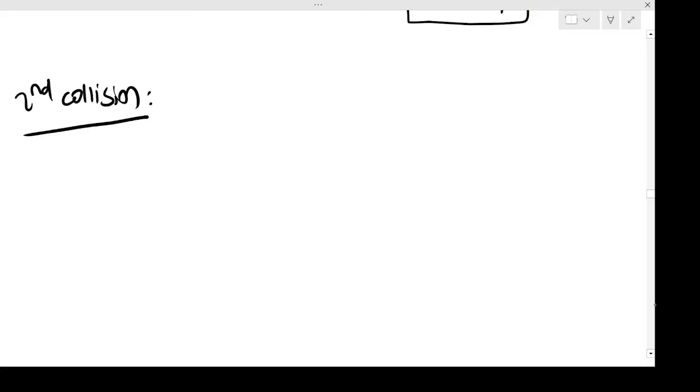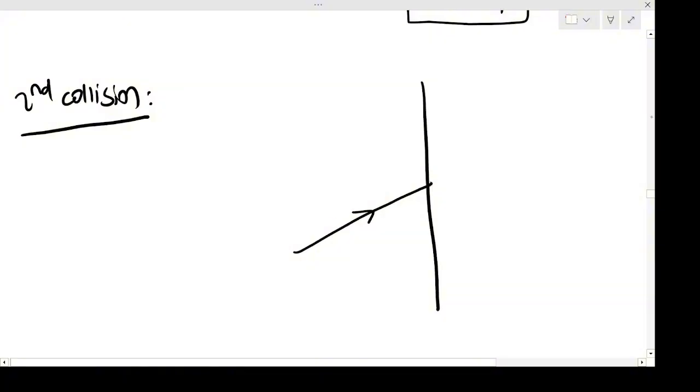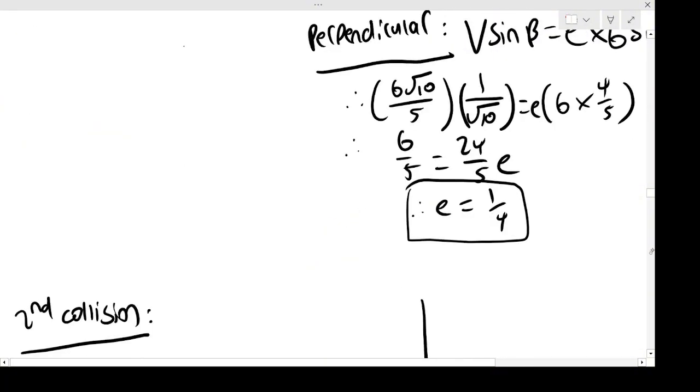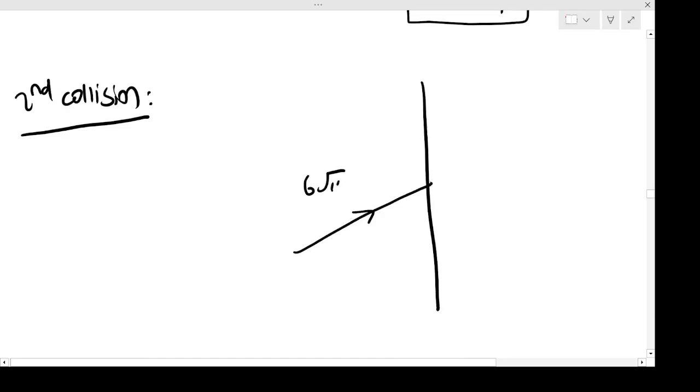Okay. So I have my wall here. It's going to go with speed V. We said that V was 6√10 over 5. And then it's going to rebound by some speed I'm going to call W. That's what I want to work out.